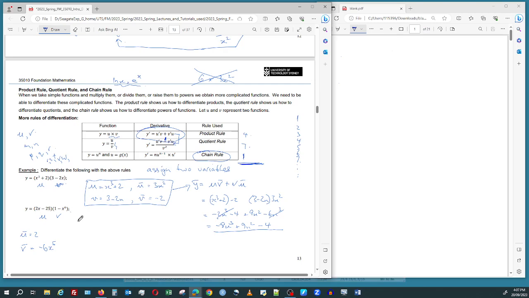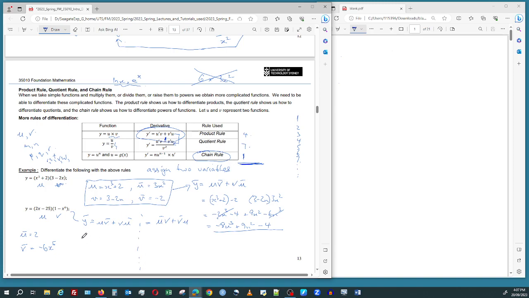So Y dash will be equal to U dv plus v du. But it's also equal to, let's bring this one down, U dash V plus V dash U. So it's just the swapping of the terms, that's all. Doesn't matter which way you do it.